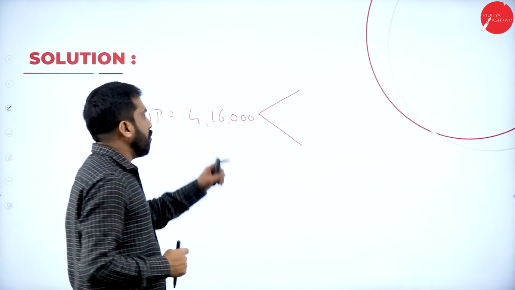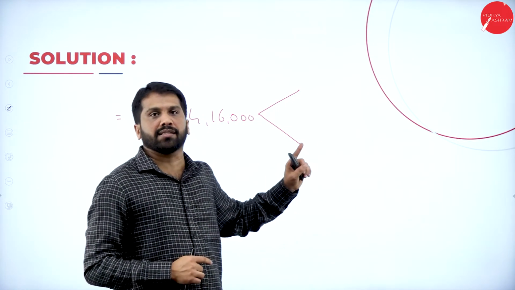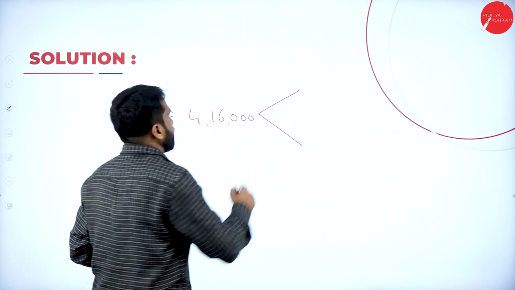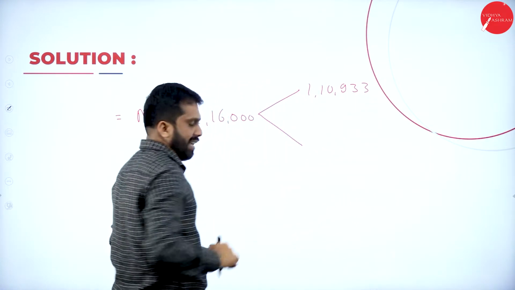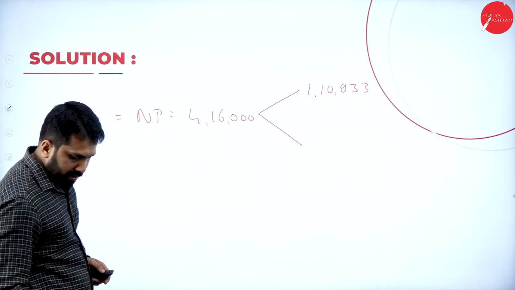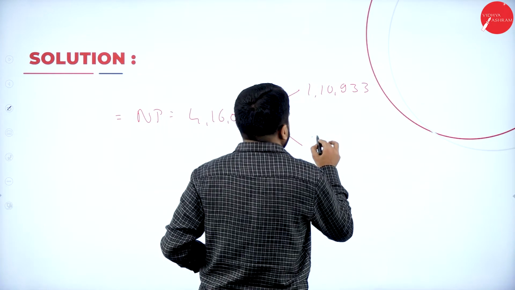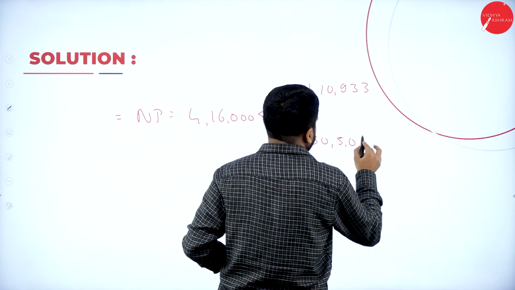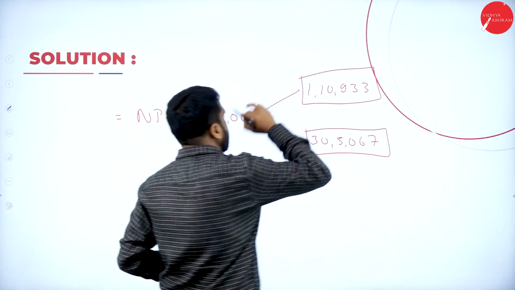Again, I'll repeat: one will go for P&L, one will go for general reserve. Now, how much did we get? 1,10,933. What is the balance from 4,16,000? It will be 3,05,067. Hope you are clear.